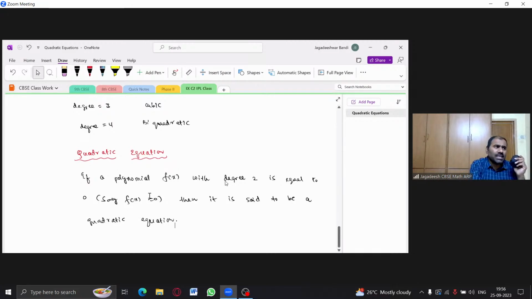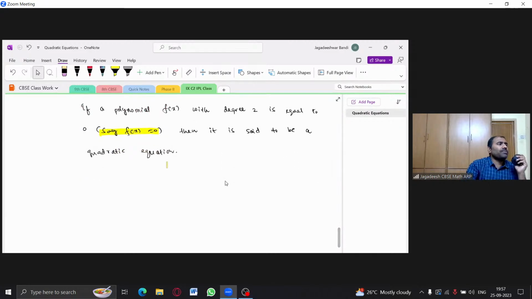Fine. So we have discussed what is a polynomial, and even what is a quadratic polynomial. If that quadratic polynomial becomes 0, then we say that it is a quadratic equation. Once again, if a quadratic polynomial equals 0, then it is called a quadratic equation.